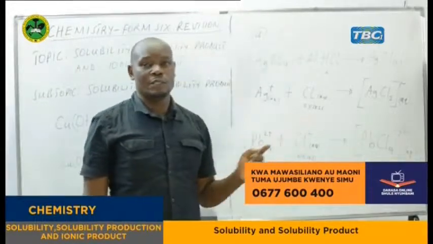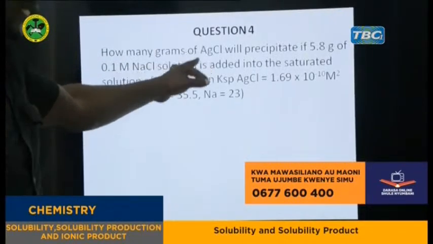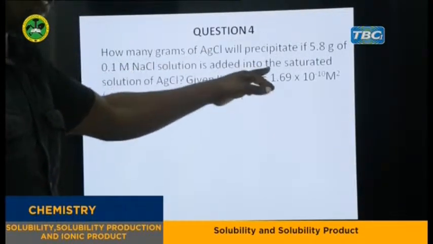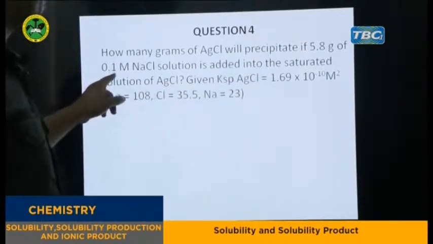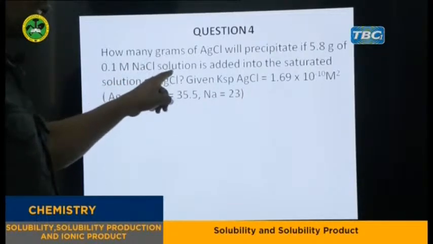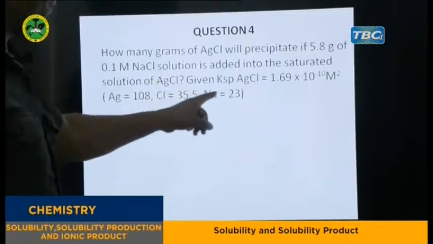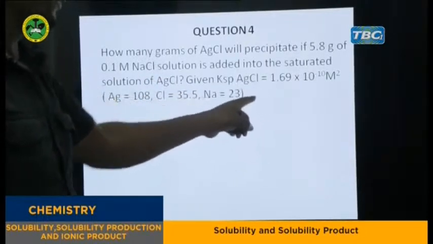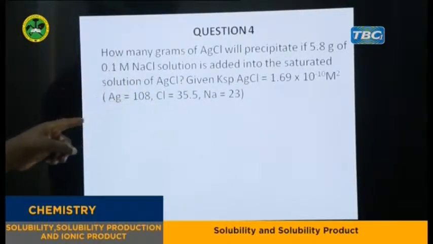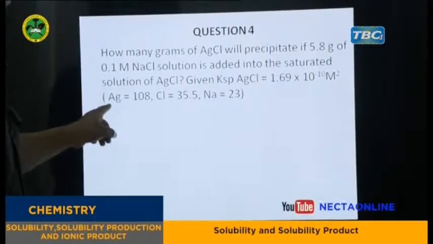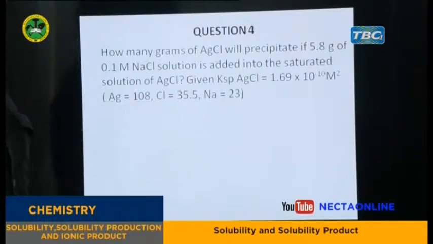Question number 4: How many grams of silver chloride will precipitate if 5.8 grams of 0.1 molar sodium chloride solution is added into a saturated solution of silver chloride, given the Ksp of silver chloride is 1.69 times 10 to the power negative 10 mol squared per litre squared, given also the molar masses of silver, chlorine and sodium.